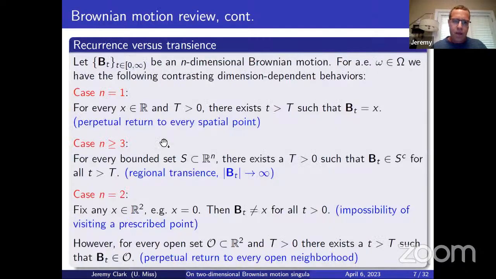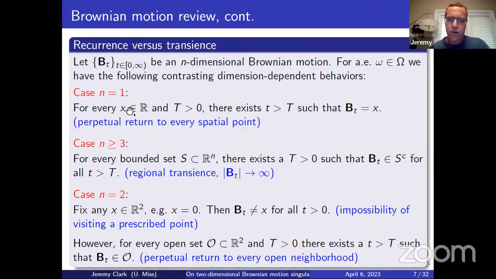Now I want to talk a little bit about how Brownian motion changes from dimension to dimension. As before, let B be an n-dimensional Brownian motion. Then for almost every sample path of the Brownian motion, we have the following behavior. If you fix any point in space, we might as well take this x to be 0.